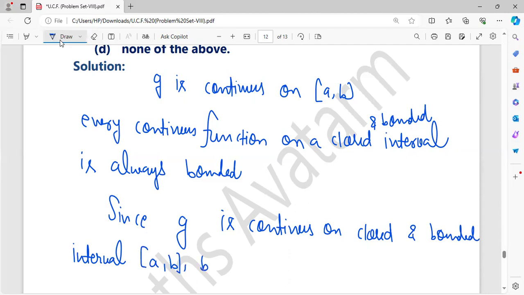By the previous question, G is continuous on a closed and bounded interval, so G is bounded on [a, b].